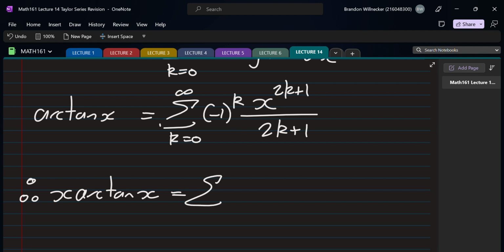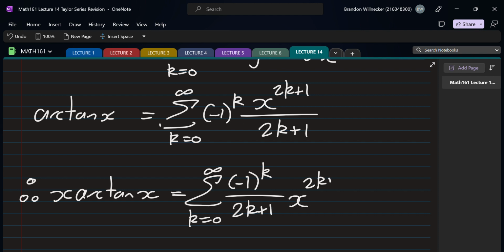So we have the sum k equals 0 to infinity minus 1 to the k over 2k plus 1 times x to the 2k plus 2. Good. If we were to divide by x, then we would minus 1 from the exponent. Okay. So you'll never have something very complicated in front. It'll be like x squared or x or 1 over x or something. You're just changing the exponent at the end. Okay.